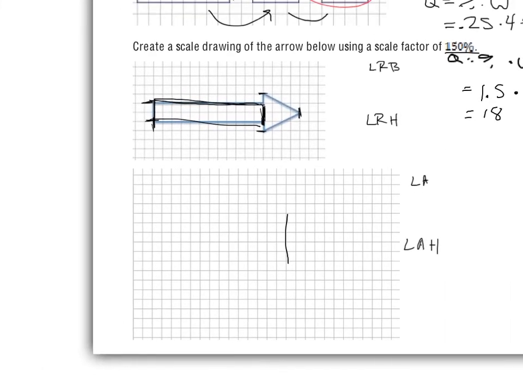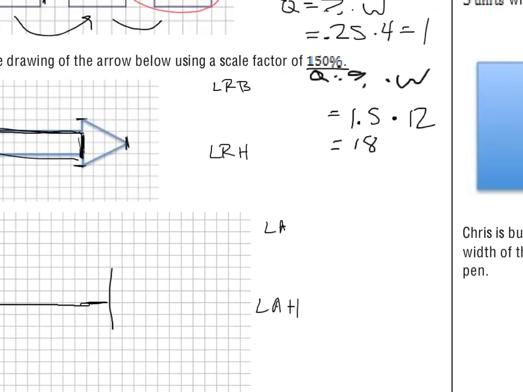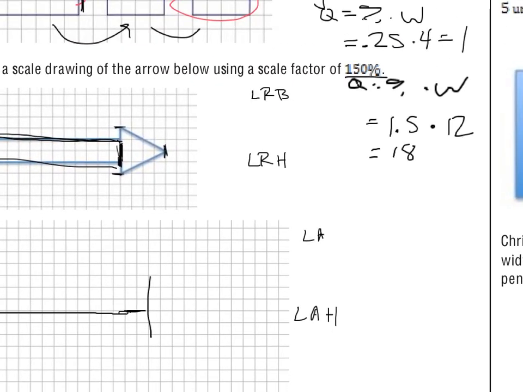So I'm just going to start with a space here. And I'm going to count out to 18, 1, 2, 3, 4, 5, 6, 7, 8, 9, 10, 11, 12, 13, 14, 15, 16. So that's going to give me 16 is my length there. And Q is equal to percent times whole for its height. Well, its height is currently 2.